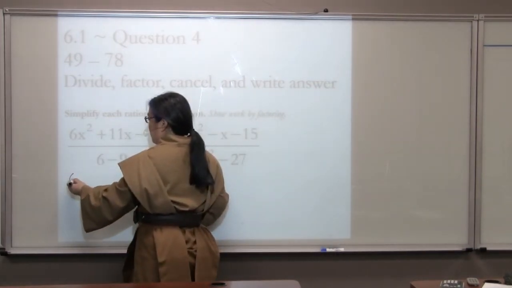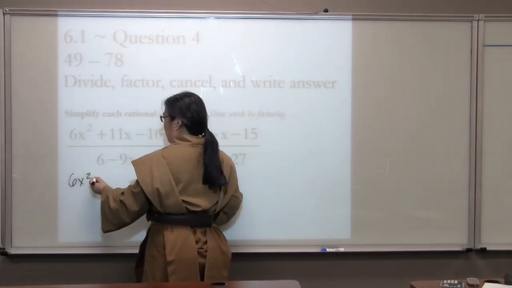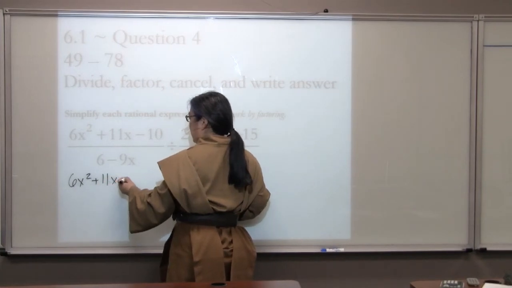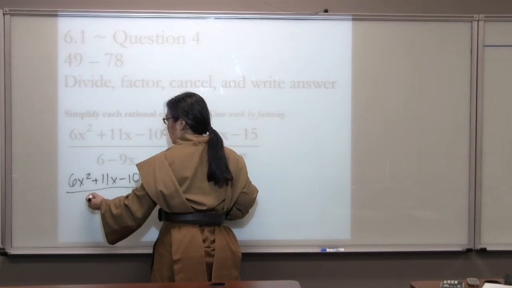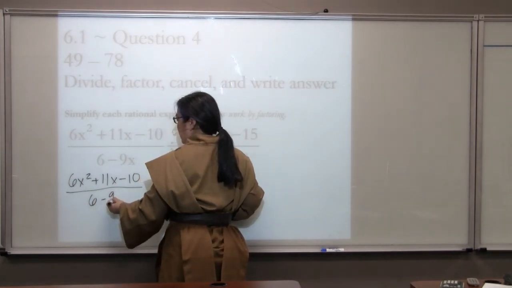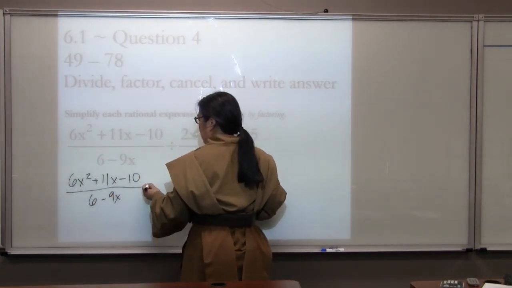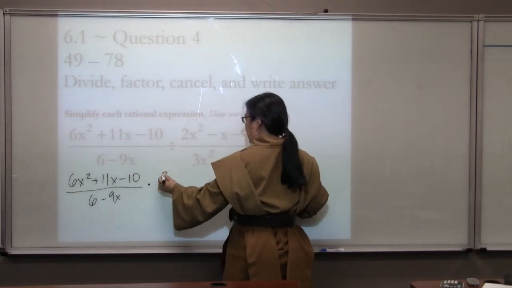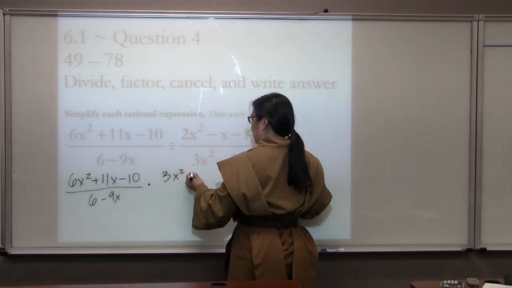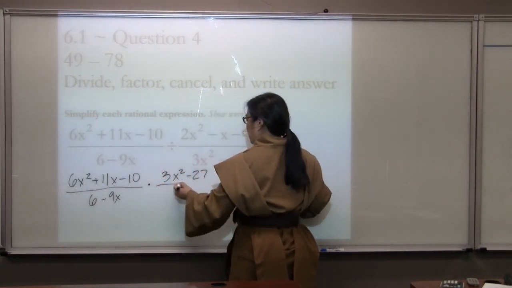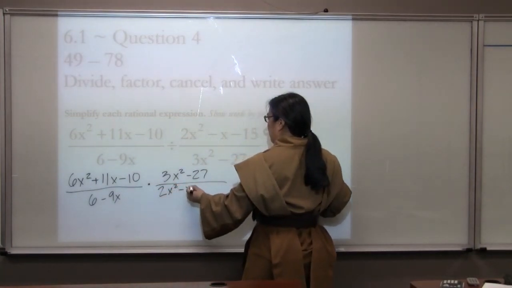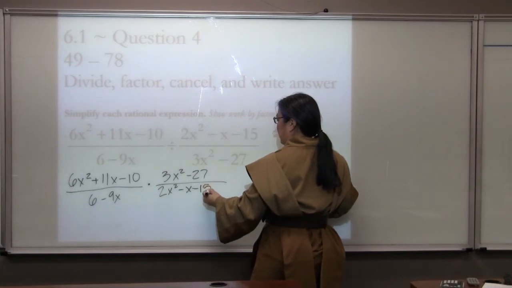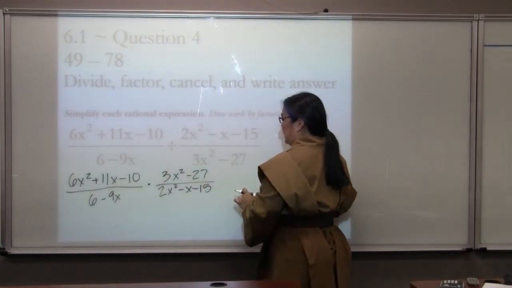So this is going to be 6x squared plus 11x minus 10 over 6 minus 9x. The dot means multiply, and then we have 3x squared minus 27 over 2x squared minus x minus 15. I'm going to shorten that vinculum.